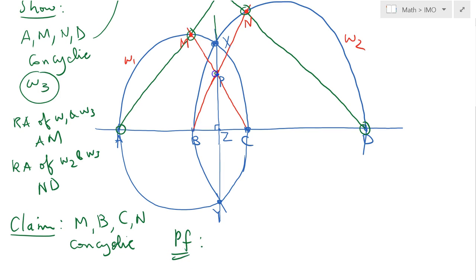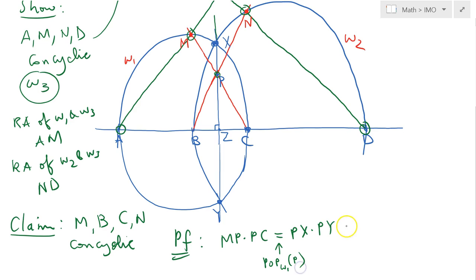So if you look at the power of point P with respect to omega 1, that would give me MP times PC, but it's also equal to PX times PY. So this is the power of point P at omega 1.